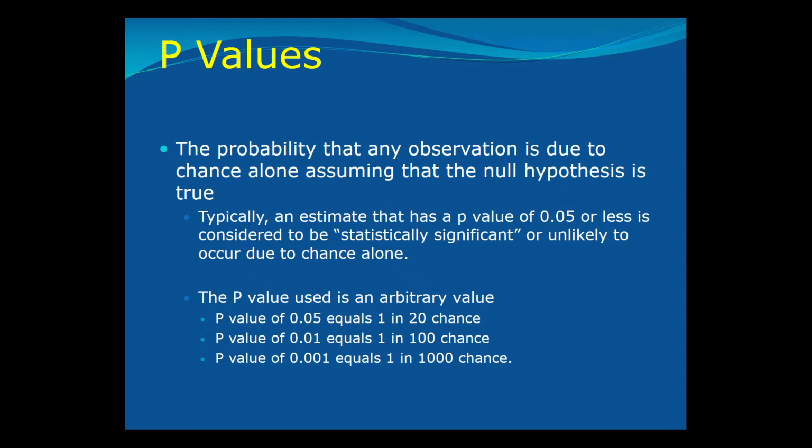The p-value used is an arbitrary value. A p-value of 0.05 equals 1 in 20 chances. A p-value of 0.01 equals 1 in 100 chance. A p-value of 0.001 equals 1 in 1,000 chance.